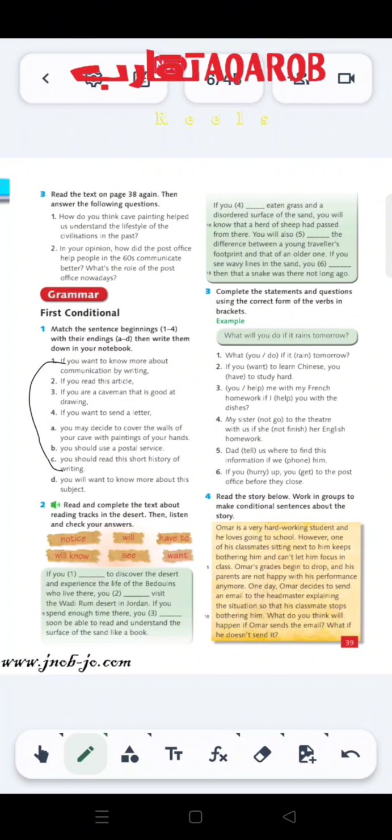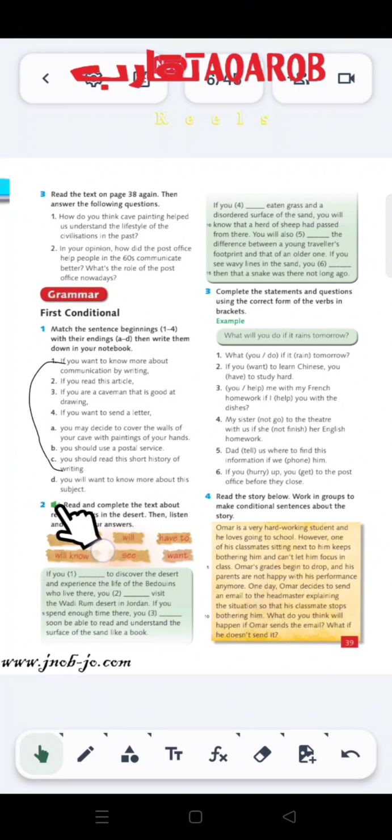Now, number 2, if you read this article, so this is the if condition, the if clause. We're gonna choose the main clause from here that suits the meaning. So if you read this article, A, B, or D?